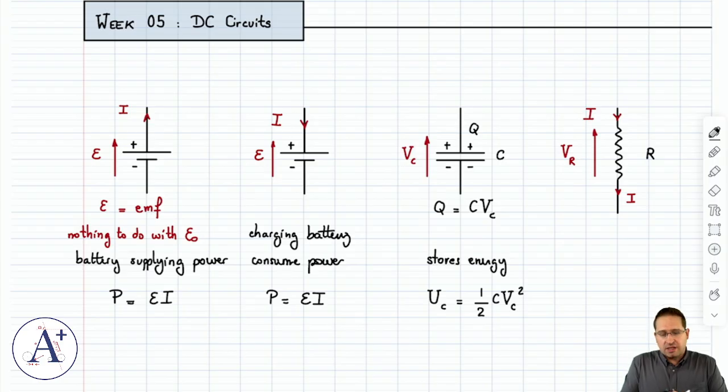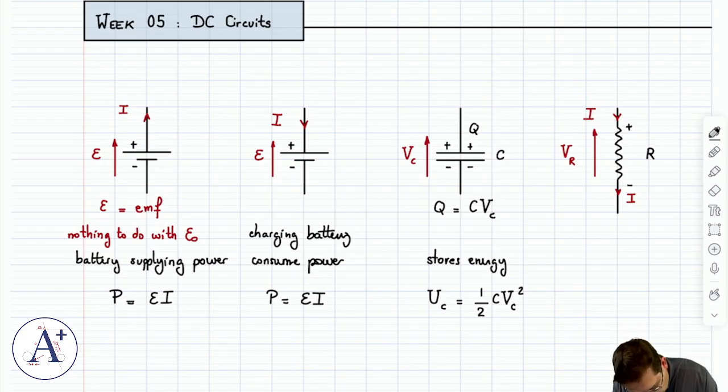So because of it, the charge that enters here is going to have more potential energy than when it exits down here. And so the terminal of the resistor through which the current comes in has a higher potential than the terminal through which the current exits. That is why VR points against the incoming current for any resistor. Okay?